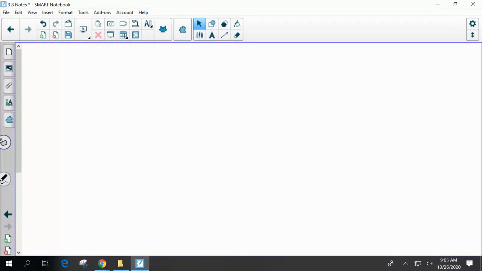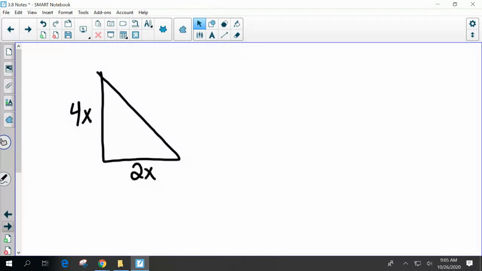Okay, so I have one more problem to add, and it is a problem that comes up on your homework. So this side is 4x, this is 2x, and then C is 20, and we need to solve for x. So we're going to plug this into the Pythagorean theorem.